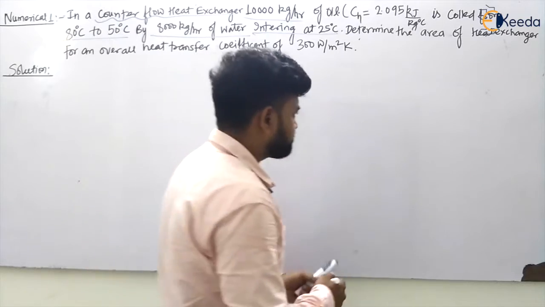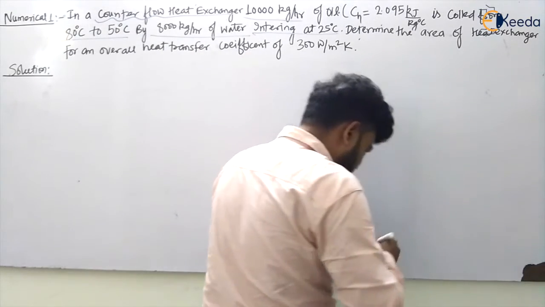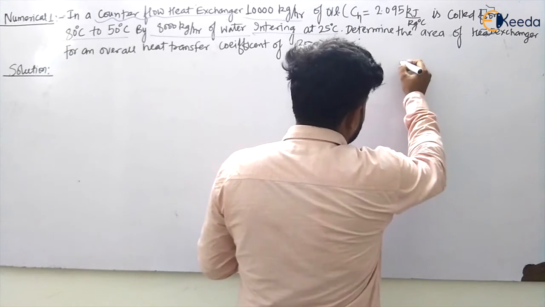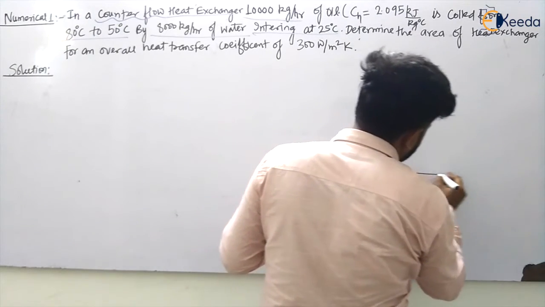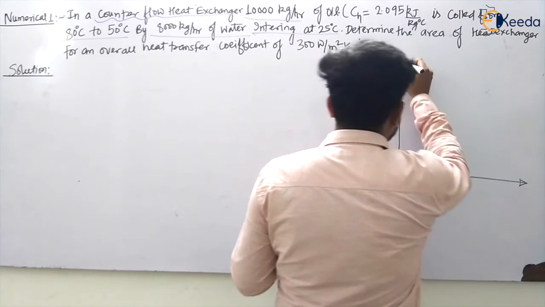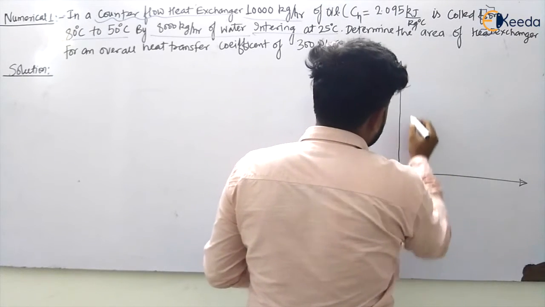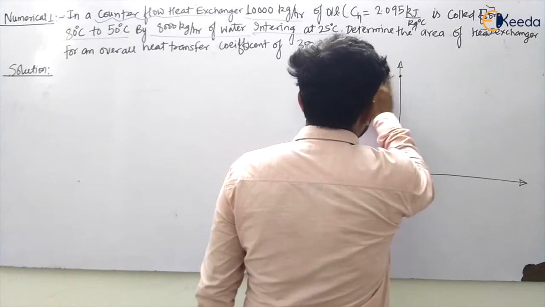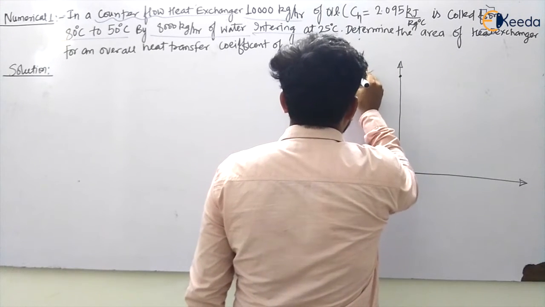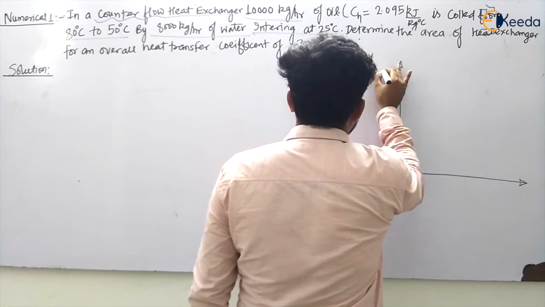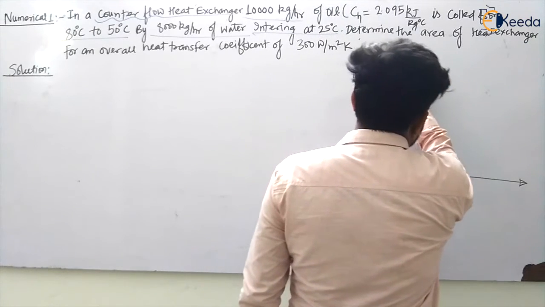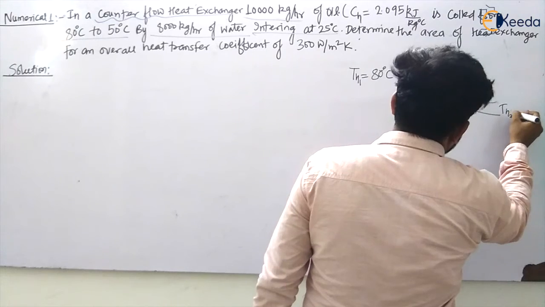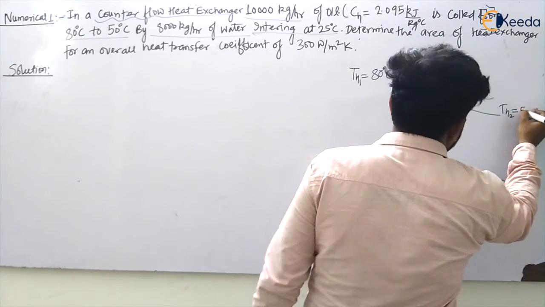Let us see. Now he has given us the counter flow heat exchanger. Very good. So you know the temperature profiles for a counter flow heat exchanger, my dear students? So he is taking oil at TH1, and he has given the temperatures. So TH1 for oil is 80 degrees Celsius, cooling to TH2, which is 50 degrees Celsius, my dear students.